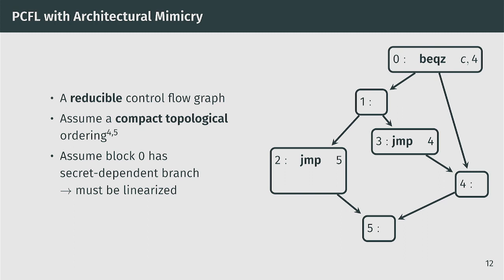In this reducible control flow graph, we assume that block 0 has a secret dependent branch that we need to linearize. And we also assume that we have a compact topological order of the blocks, shown by the numbers on the blocks.